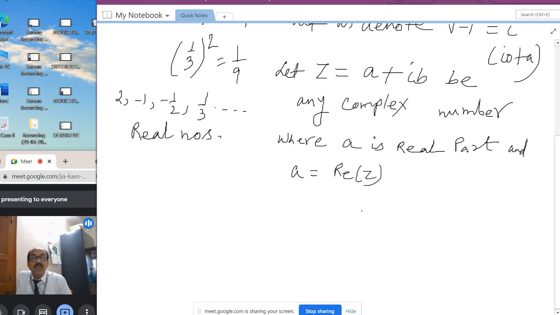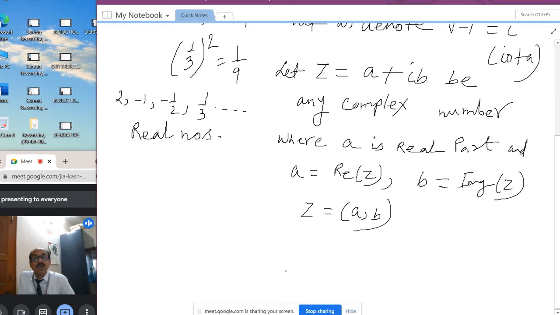Okay, and b is the imaginary part, so b equal to Im z. So Re z and Im z, a and b, and we can write z equal to the ordered pair (a, b) also. So z equals a plus ib, any complex number where a is the real part and b is the imaginary part, and a equals Re z, and b equals Im z.